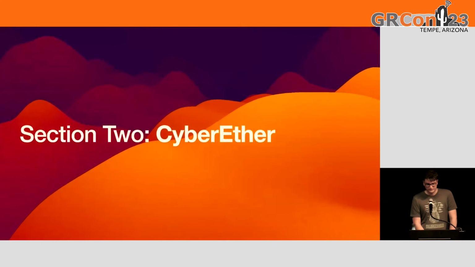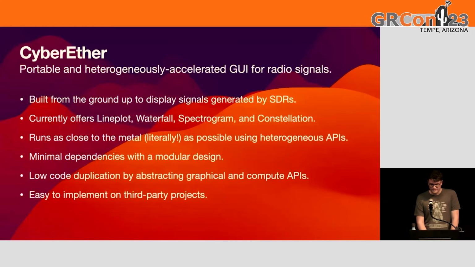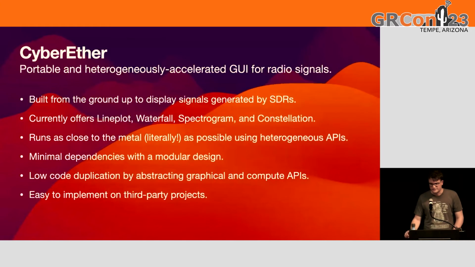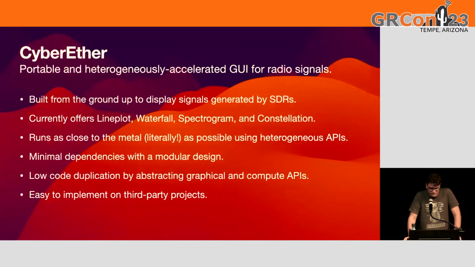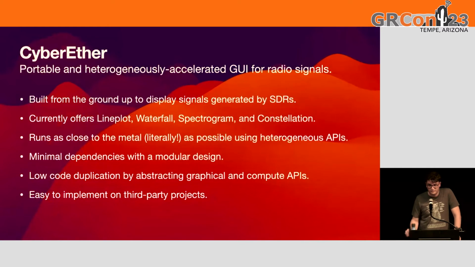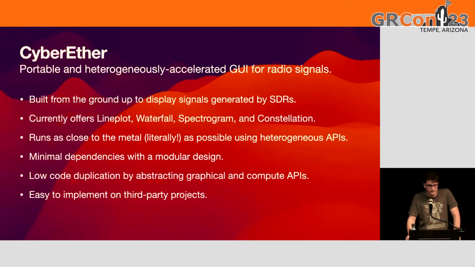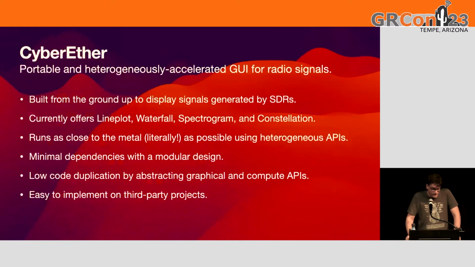So CyberEther itself is made to be, as you can see, a portable and heterogeneously accelerated GUI for radio signals. It's built from the ground up for signal processing, but right now, with the graph computing system, you can also apply some machine learning in the future, maybe, I don't know.